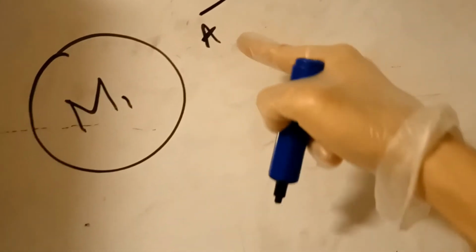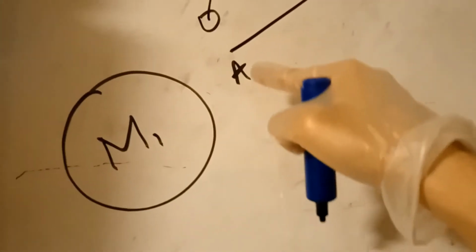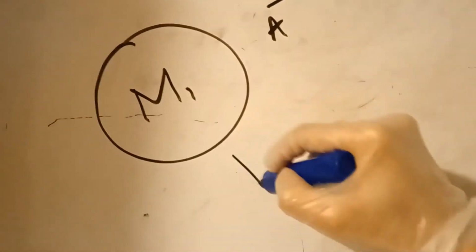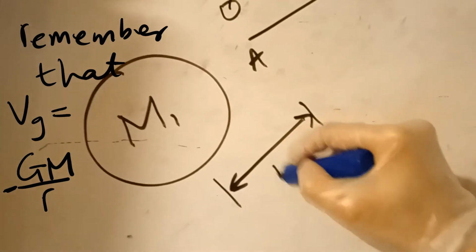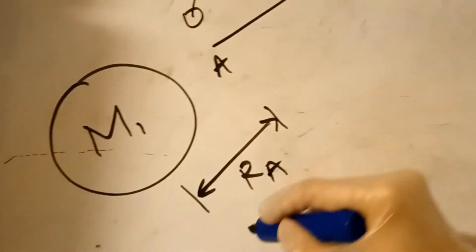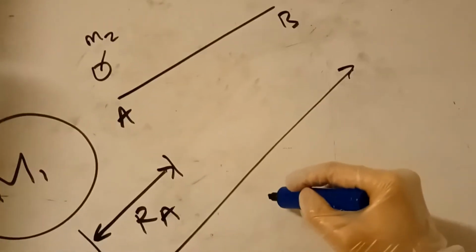Now what is the gravitational potential here? Let's say the distance to A is RA, and the distance to B is RB.